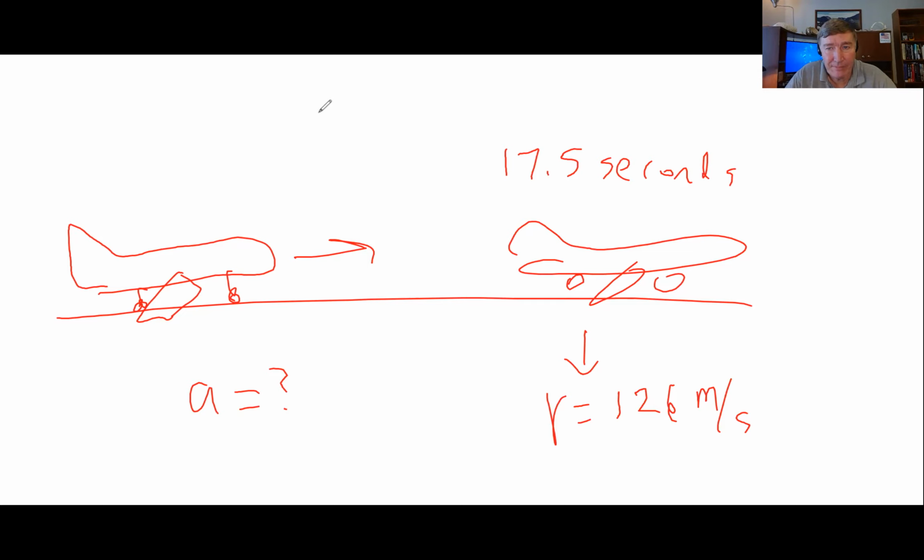Anybody got an answer yet? When you get an answer, you can type it into the chat box. Don't say it verbally because other people are still working on it. So send me a private message in the chat box when you think you've got an answer.